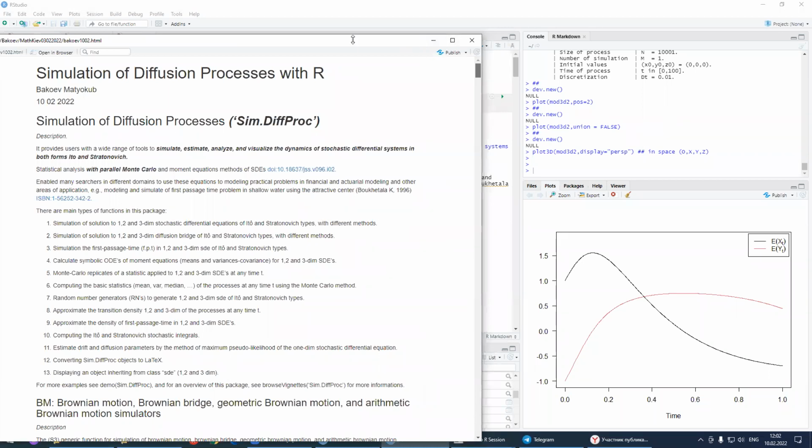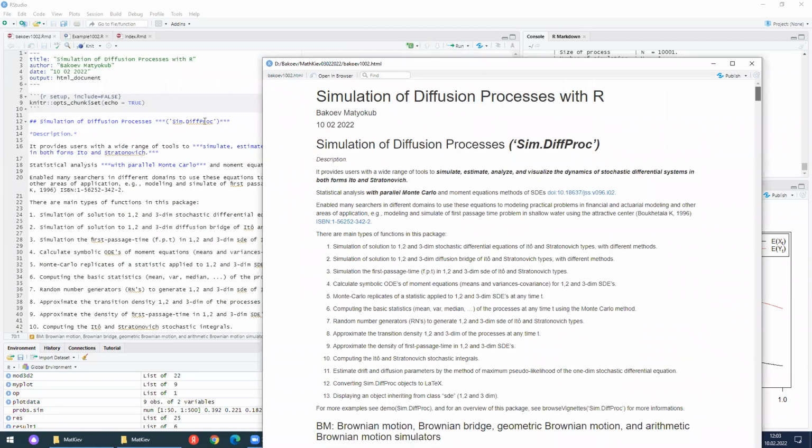Okay, for this one, I prepared some lectures using R and R Markdown, which you can see the process of working with R and R Markdown. This is R Studio, and this file is R Markdown, which is an interactive document.